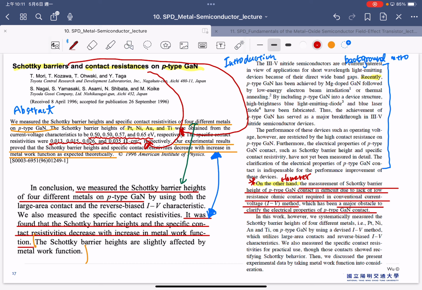After this, usually we have another term, "in this work", where we move on to our main information, our main goal that we want to illustrate in this literature. So in this work, we systematically measure the Schottky barrier height of 4 different metals on p-type GaN.